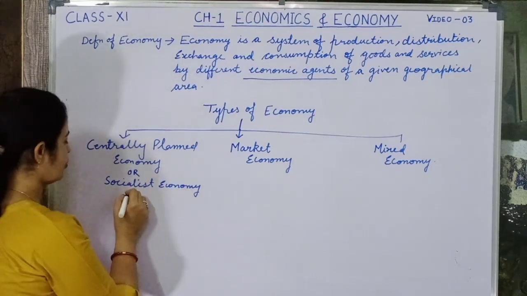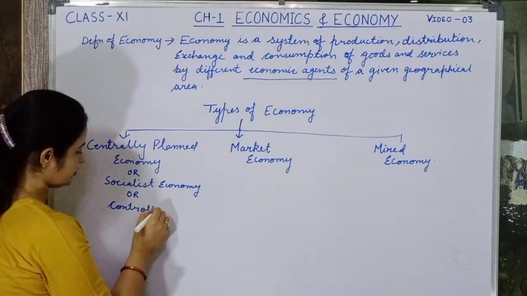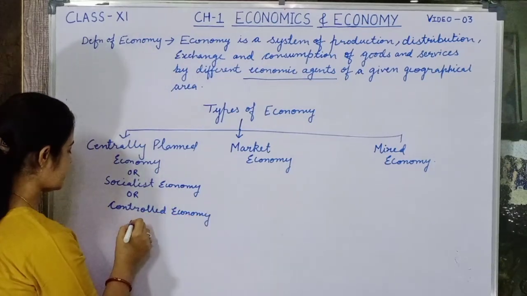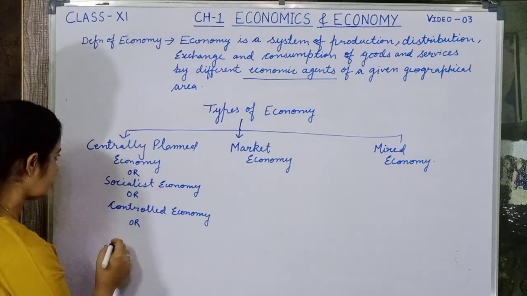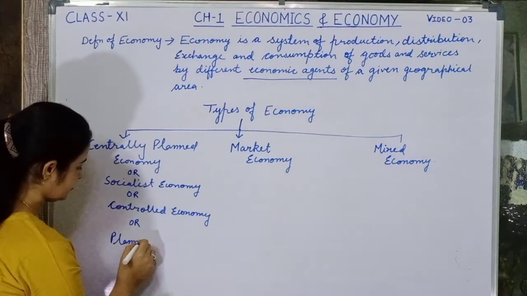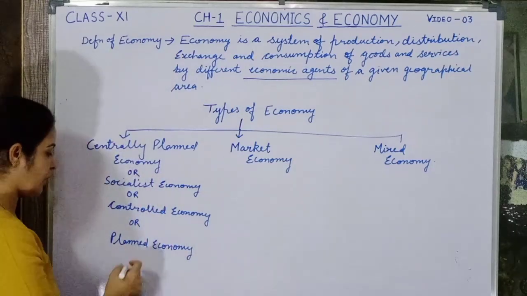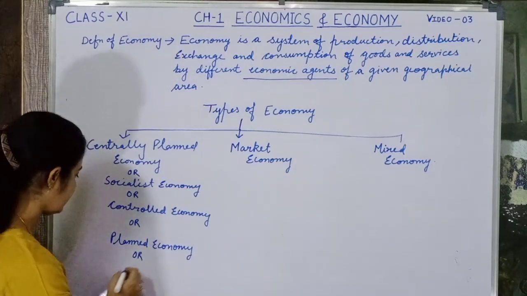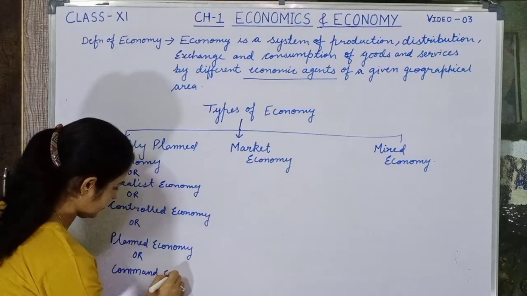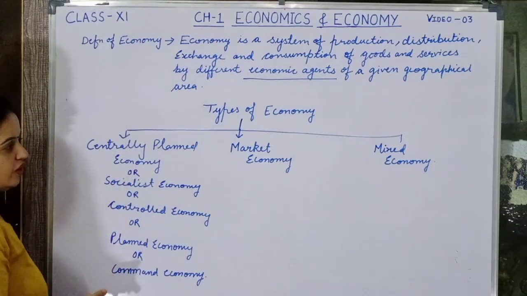It is also known as controlled economy, or we can say planned economy. Another name of this is command economy. It has so many names. An examiner can ask you in any pattern.